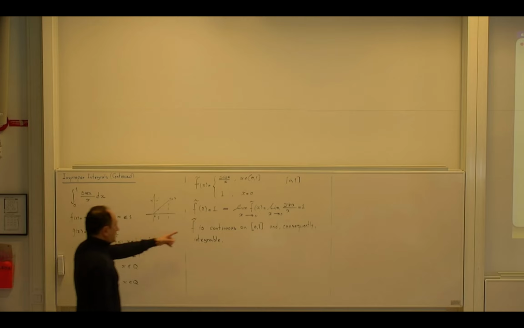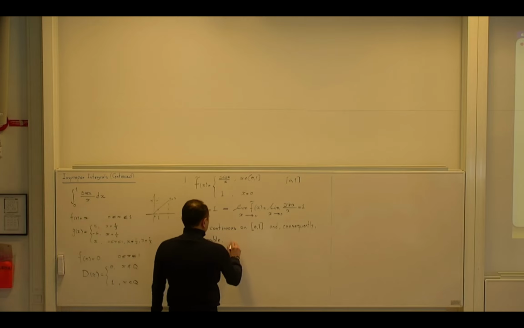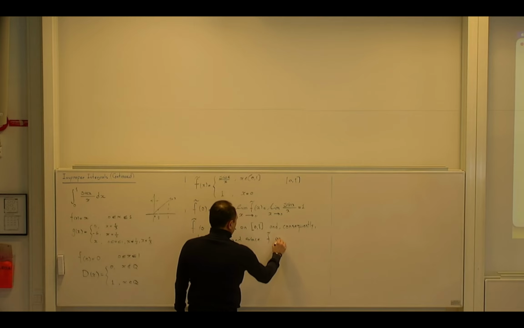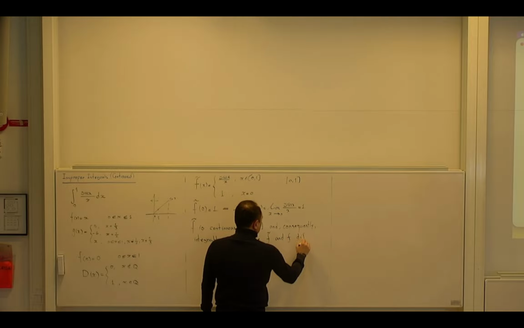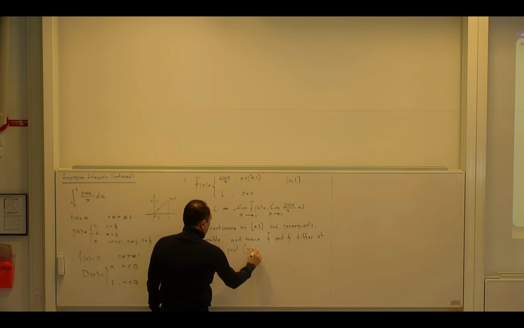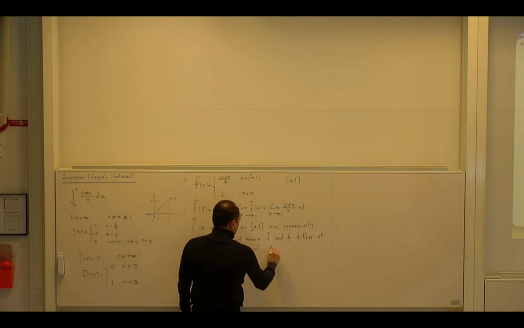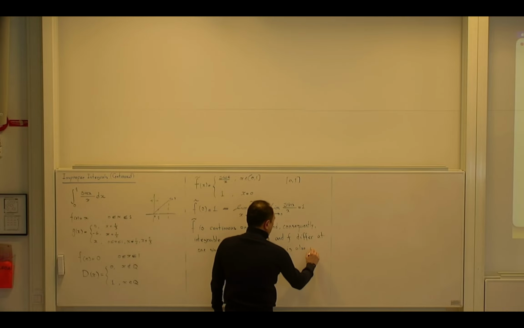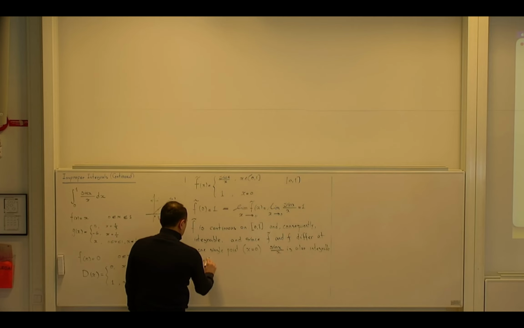So f tilde is continuous on this one, and since f tilde and f differ at one single point, x equals 0, sine x over x is also integrable on 0 and 1. So the integral converges.